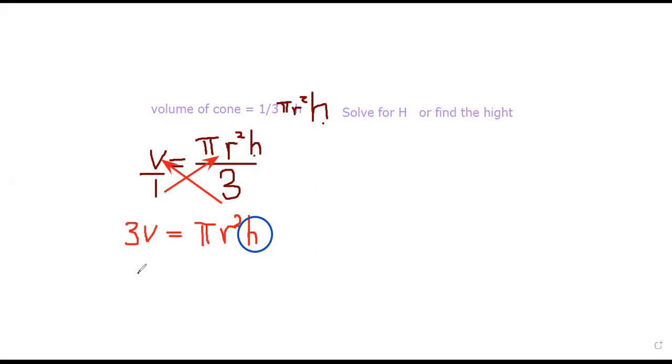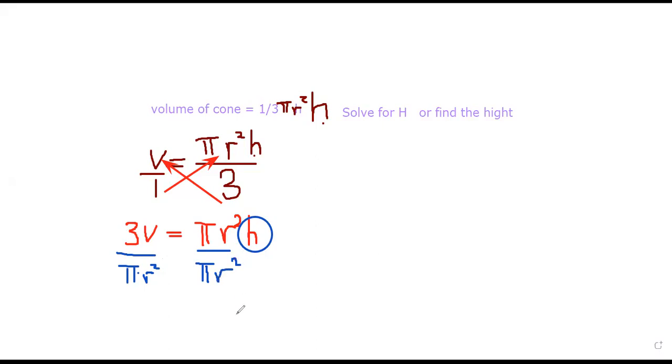So we divide by pi r squared, and on the opposite side I'm going to divide by pi r squared.